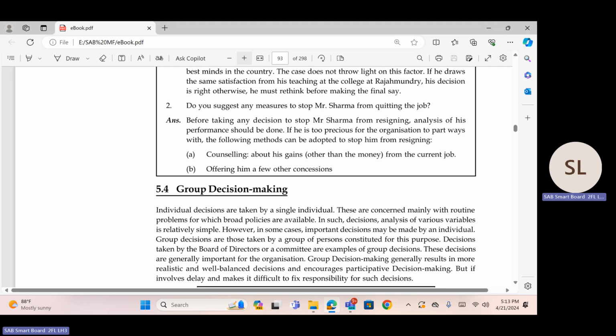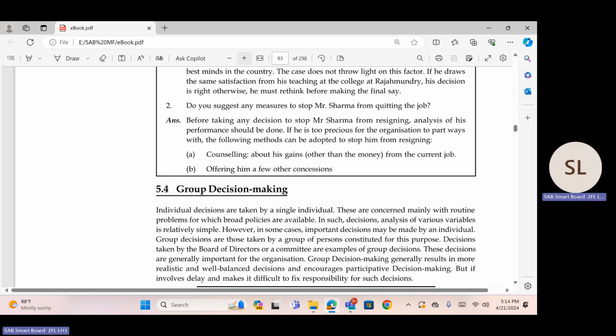But before taking any decision to stop Sharma leaving or resigning, we should analyze whether he is a capable person, a valuable person to this IIT. We mean the management, chamber, or board should identify, but those are visible, no? As to the given information in the first two paras, he is also a capable, qualified person.